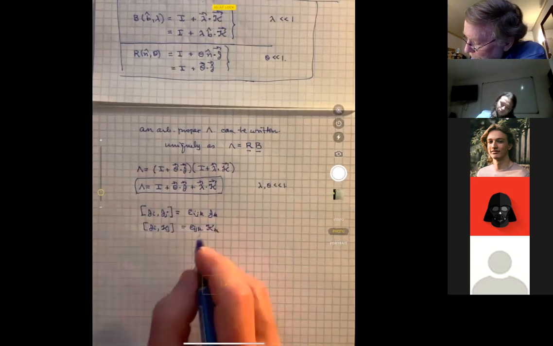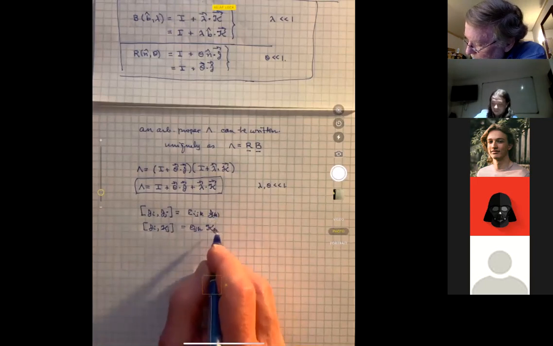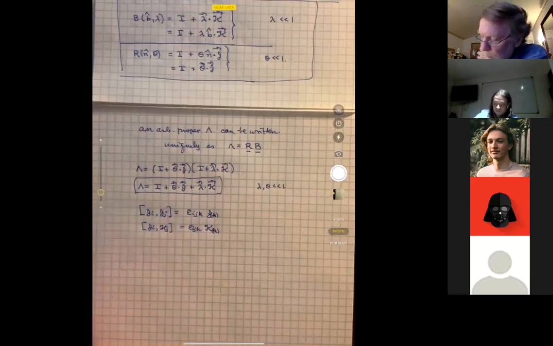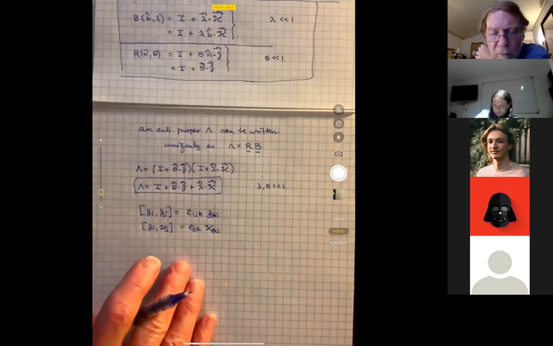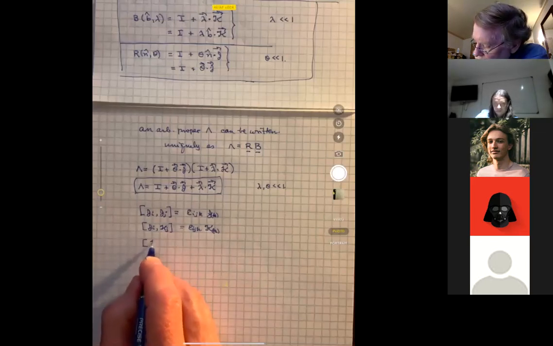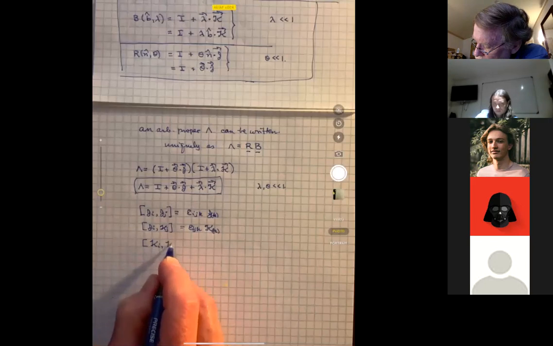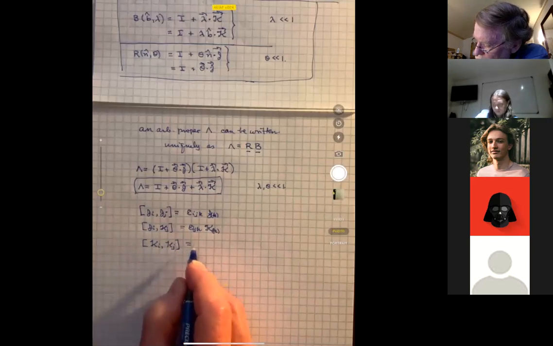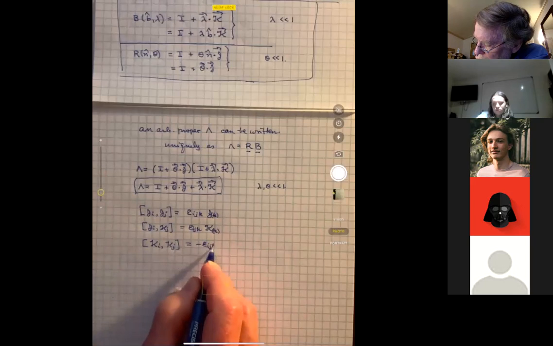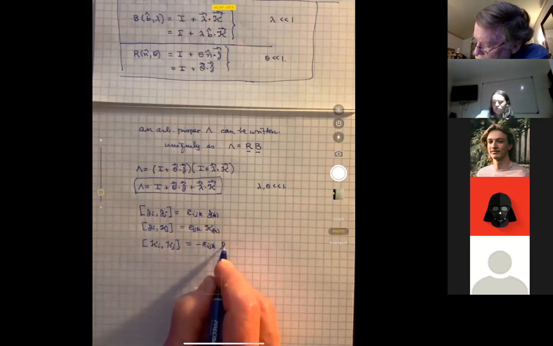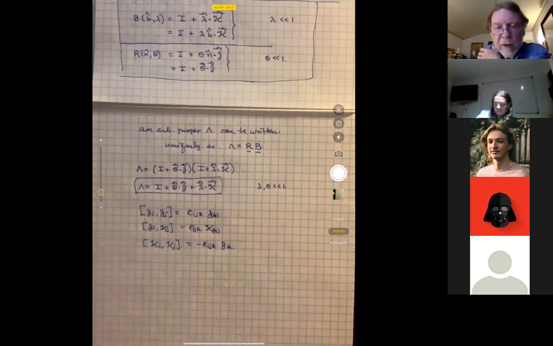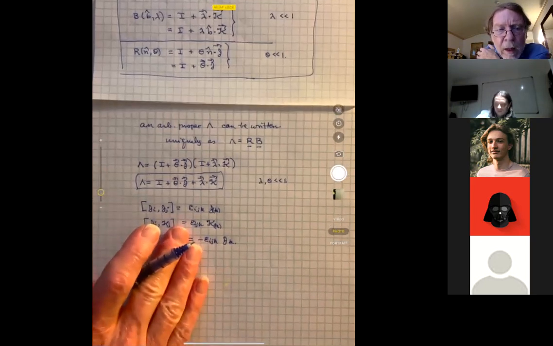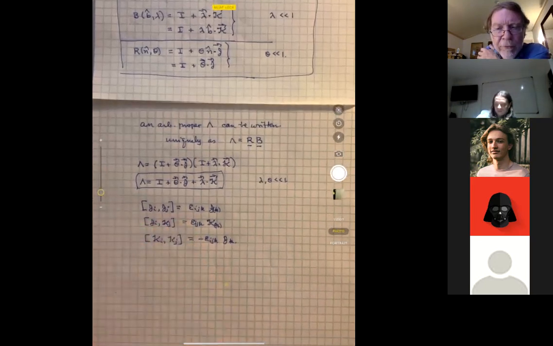I should really be putting parentheses around these subscripts to indicate that they are labels of the matrices and not components. Then finally, if I take a commutator of 2 K matrices, K i with K j, it comes with a minus sign, epsilon i j k, times J k, which gives you a J matrix. These commutators are straightforward, but of course somewhat tedious. You have to multiply a lot of 4x4 matrices, but it's straightforward to check them.